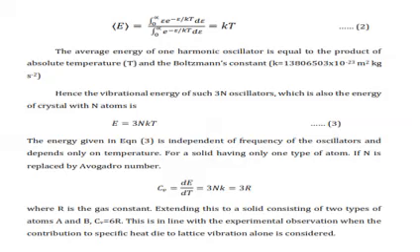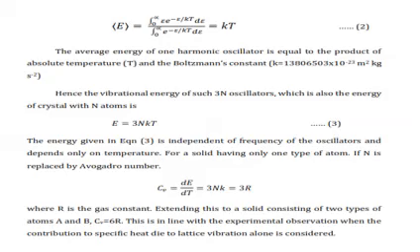For one atom there are 3 directions. Therefore it is written as E is equal to 3nkT. This is independent of the frequency of the oscillator and depends only on the temperature.